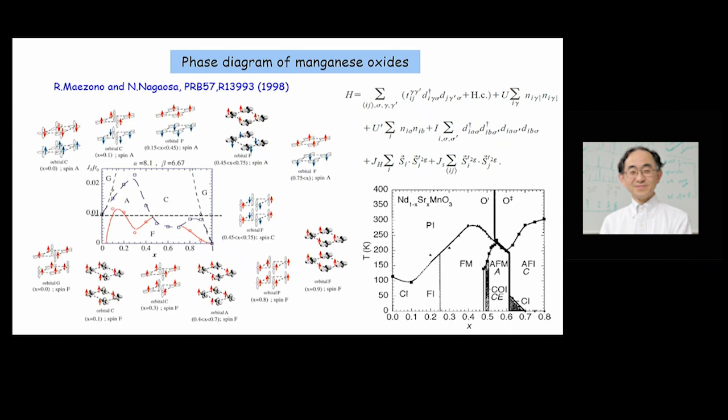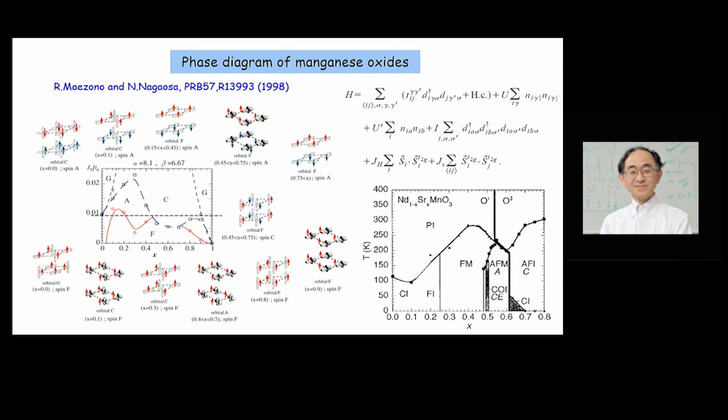And then the temperature and x phase diagram shows a variety of phases. The C-type is most typical. C-type means the usual antiferromagnetic three-dimensional structure, and the A-type means a rare type, with spins up and down for each of the two-dimensional layers, et cetera. So the spin structure and also the orbital structure are entangled.